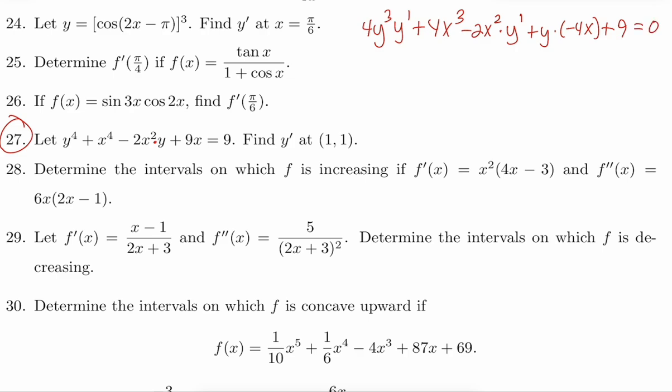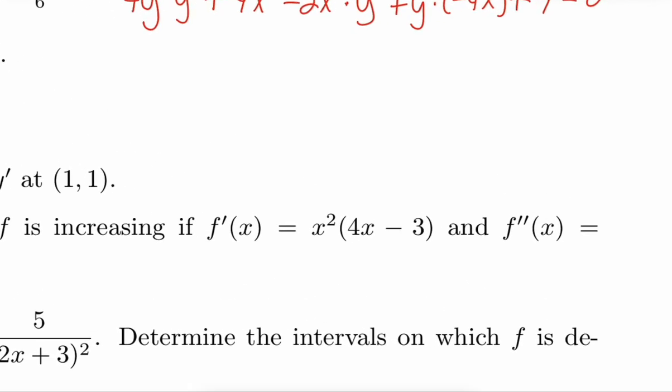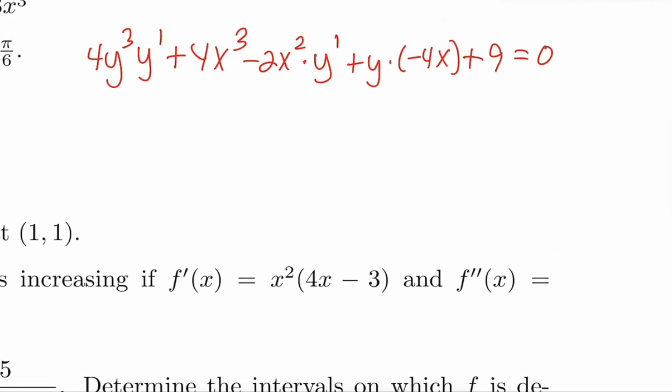Now, I want you to actually solve for dy/dx or the y prime. So once you have that, remember every term that contains a y prime, we're going to leave on one side. The terms that are not y prime, we're going to move to the other side, okay?